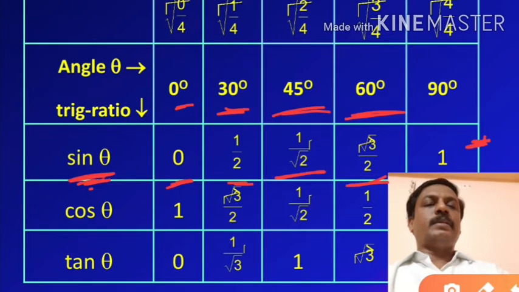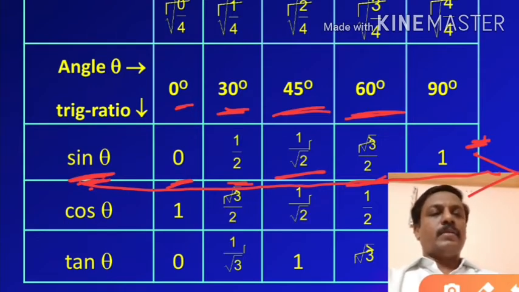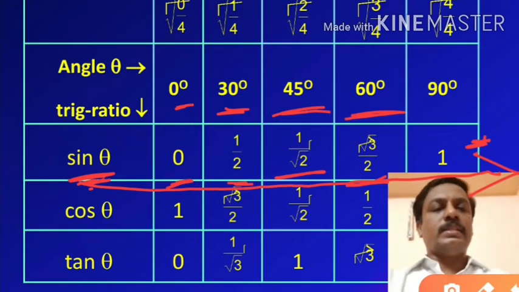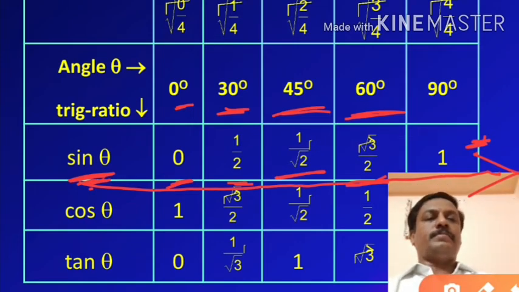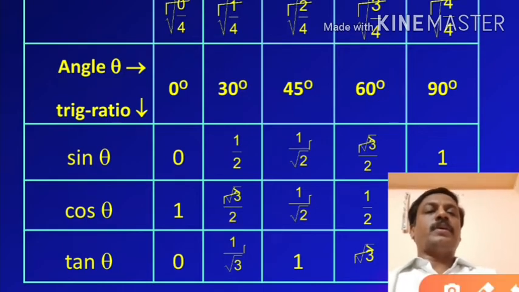So you remember these values. If you remember the values of sine function for these different angles, then the remaining trigonometric values you can easily remember. So these sine values are important.